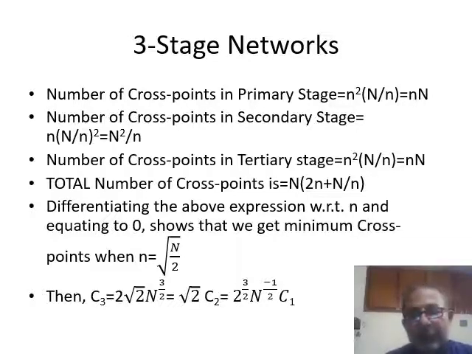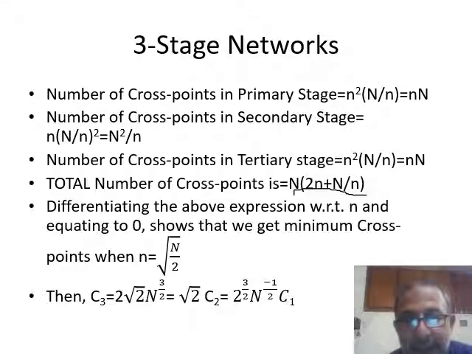How can we get the minimum number of cross points in this situation? We differentiate the above expression with respect to small n and equate to 0. This equation that we are talking about, this is the number of cross points. We differentiate it with respect to small n and equate it equal to 0.